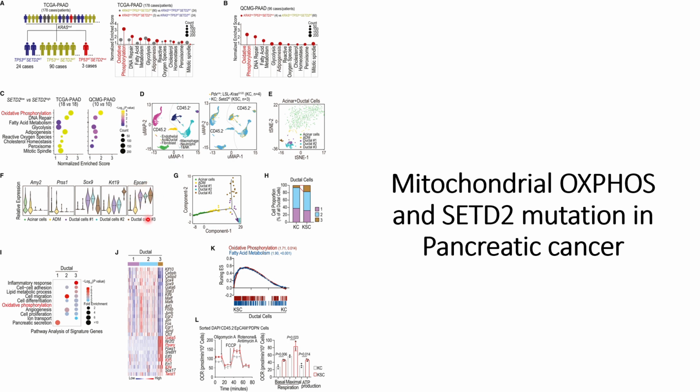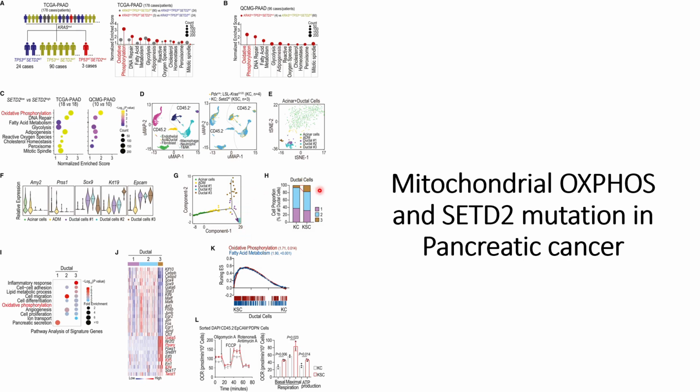Thereafter they checked the differentiation using the analysis shown here, and they can see that acinar cells differentiate into the three ductal populations, and in between, ADM formation also occurs. That can be seen here: acinar to ADM, and then differentiation into different ductal populations.